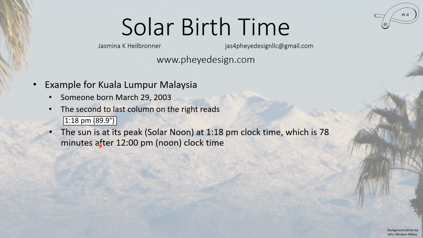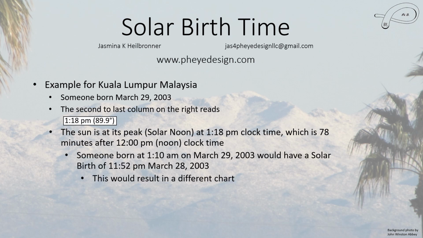Now, what this time means is that the sun peaks, that is how you define solar noon, at 1:18 p.m. on the clock time. Now that is 78 minutes after noon on your clock.